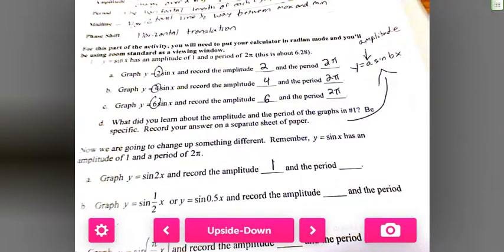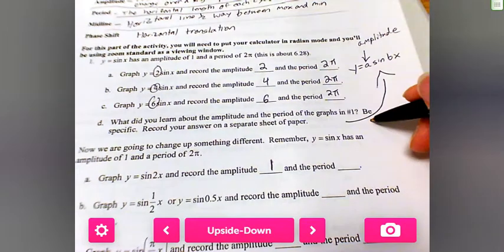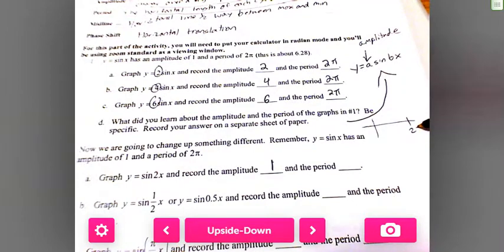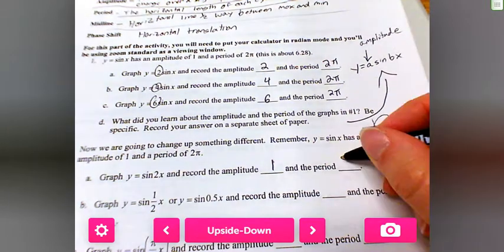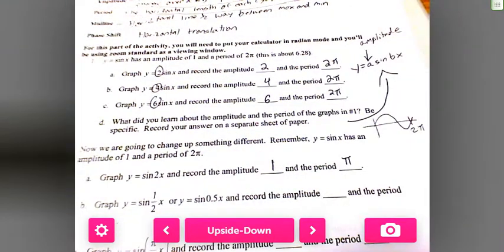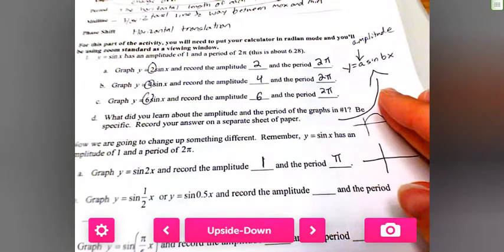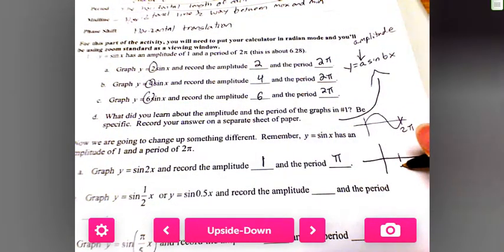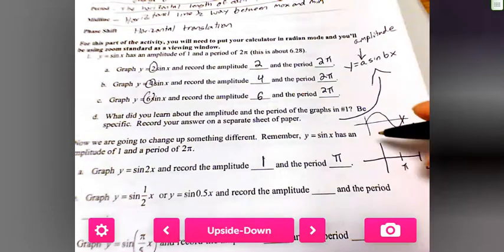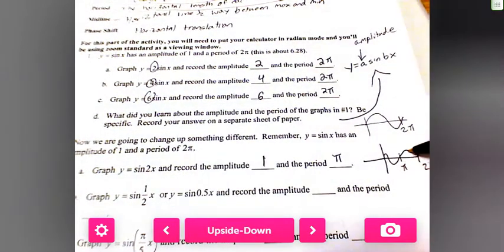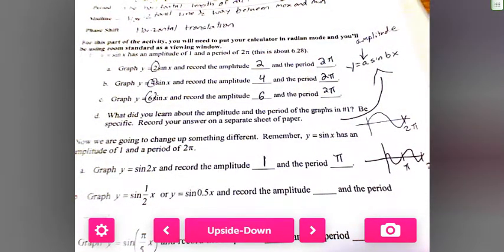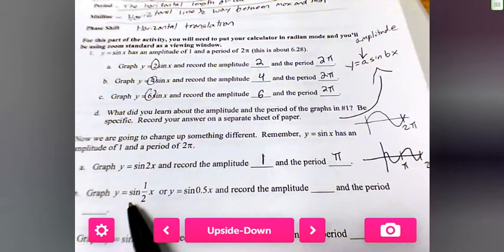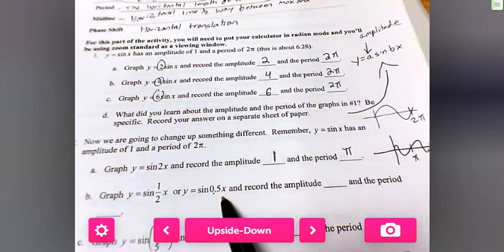And if we look, instead of the period being over 2 pi, all of a sudden it shrinks and the period's only over pi. So what happens is we go up, down, up, down, up. We have 2 of these in the amount of time we had 1 of those. It like shrunk.